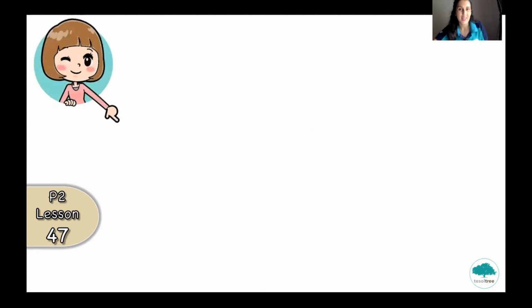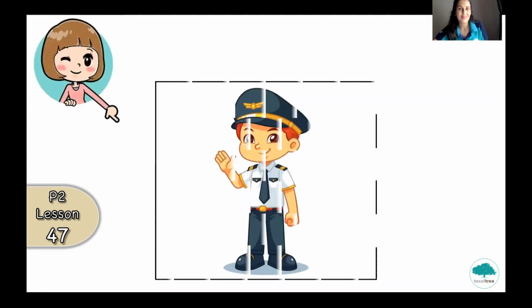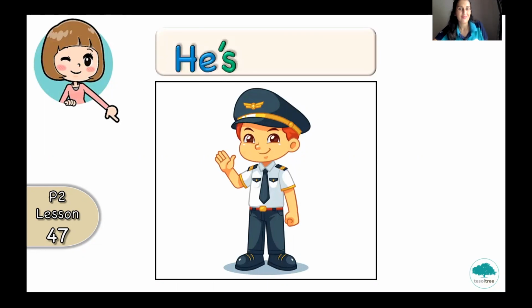Okay, next picture. Do you remember what's this? This is a pilot. Great. And we use he's because he is a man. And we remember his occupation. He's a pilot. He works on an aircraft.